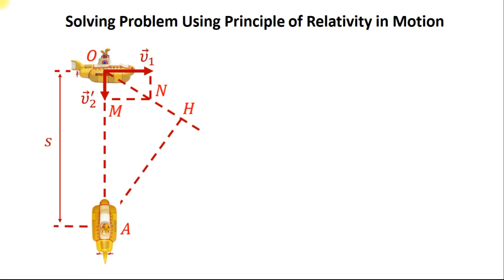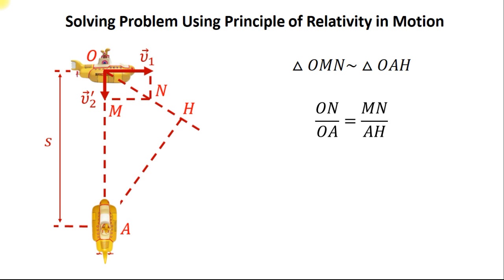Right triangles OMN and AOH are similar because the angle O is shared by both triangles. Then the hypotenuse of the small triangle ON divided by hypotenuse of the large triangle OA equals MN, the side opposite to angle O in small triangle, divided by AH, the side opposite to the angle O in large triangle.